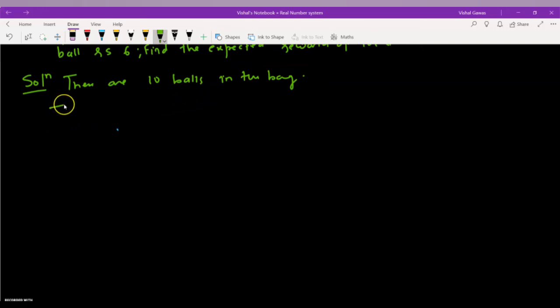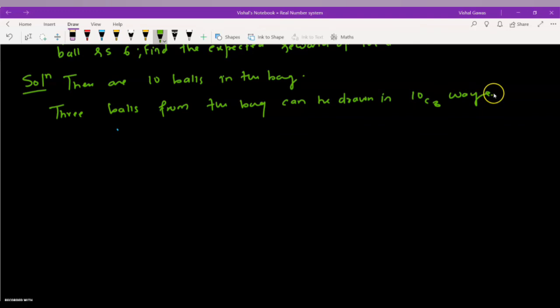Three balls from the bag can be drawn in 10C3 ways, which gives the exhaustive number of cases.